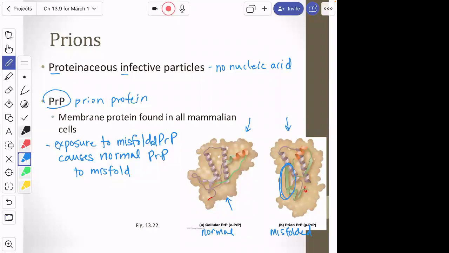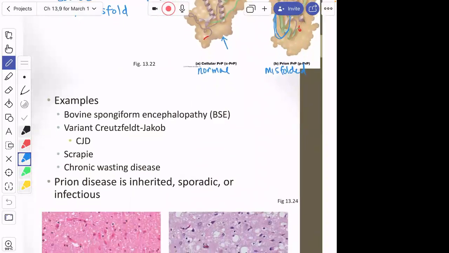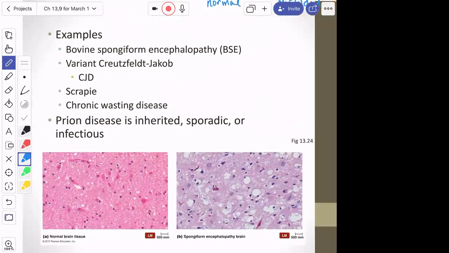Okay, so that misfolding causes that protein to kind of glom up together. Neurons stop functioning, and eventually it impacts the neural processing of the organism, and you see these big plaques in brain tissue that shouldn't be there.